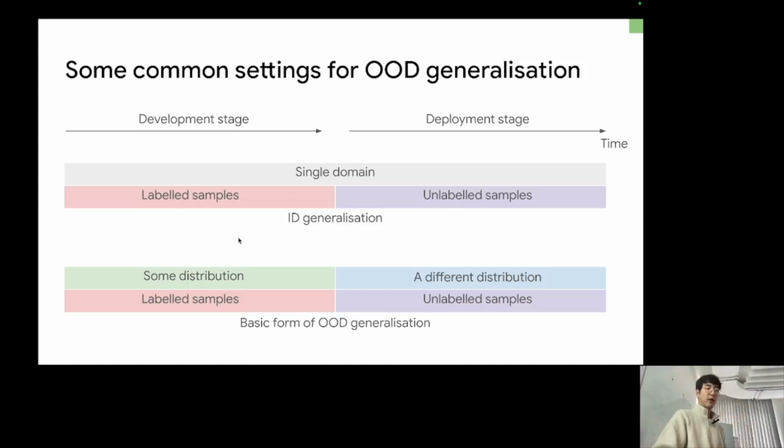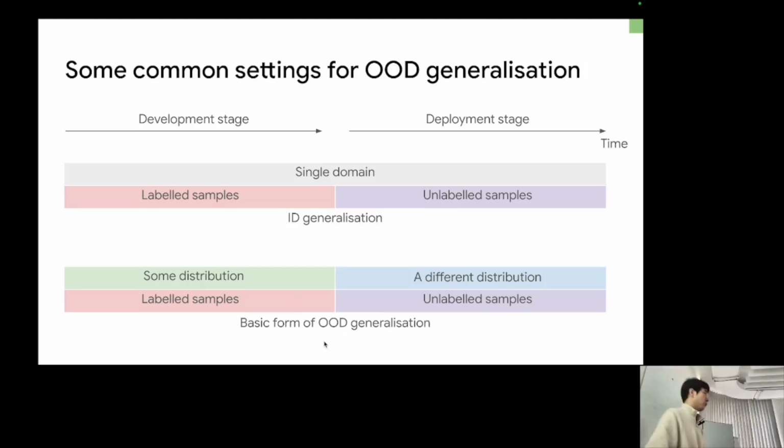And the lower bar shows you whether the samples are labeled or not. So in ID generalization, you always have a single domain where things are coming from. During development, you have annotated versions of these. And during deployment, you'll be given unlabeled samples. And then the task is to generalize, put labels on them.